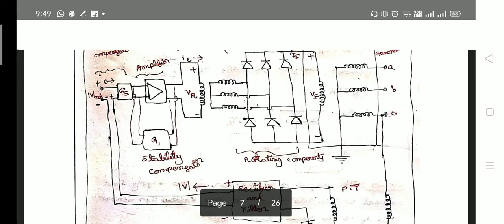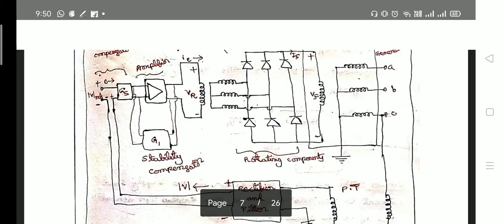The comparator finds the error, the difference between the two signals, V reference and V, and gives it to the amplifier. Next one is the amplifier, which amplifies the signal.